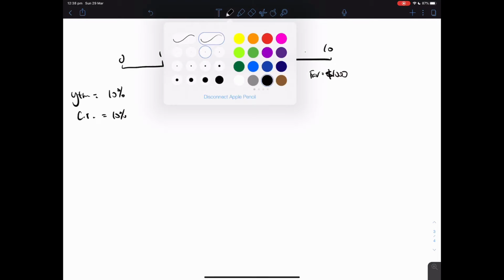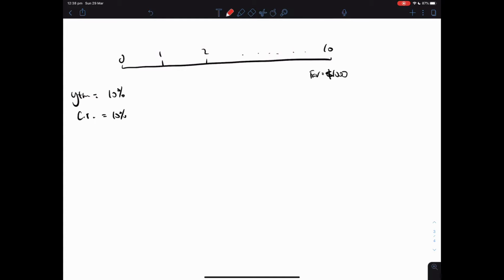Here, the bond issuer is essentially a borrower, right? So let's just say you are the one lending the money out. And yield to maturity 10% means that you require the interest rate to be paid back at 10%. Let's say you lend out 1,000. What interest is generated over 1,000 for 1 year?